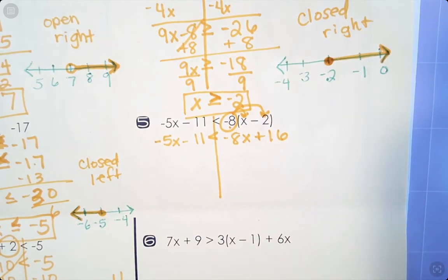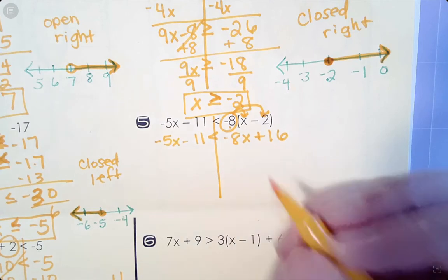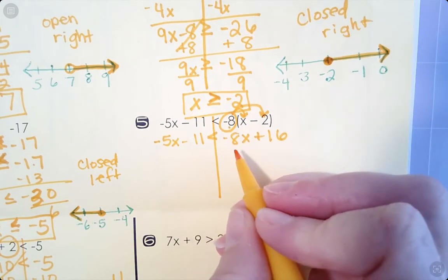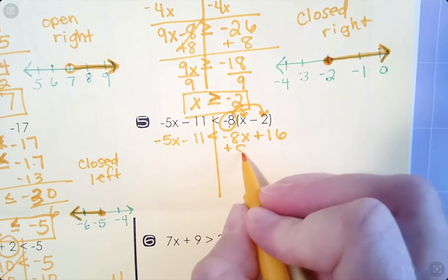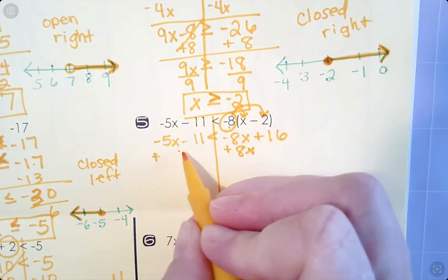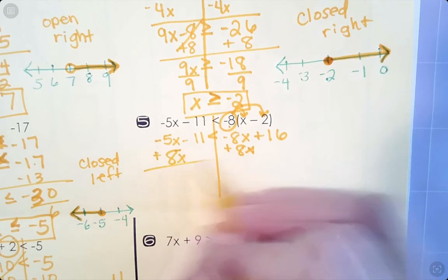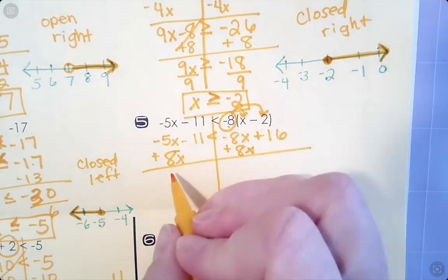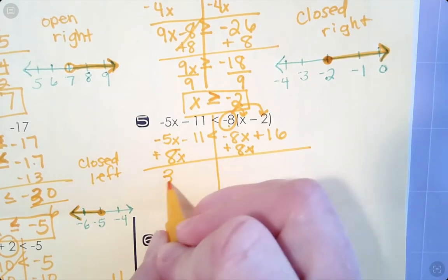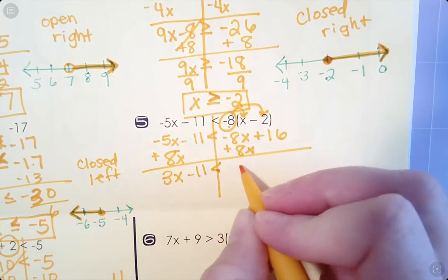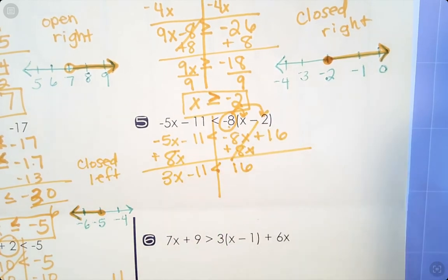So remember, we're moving all the x's to the left. So I'm going to have to move this negative 8x to the other side by doing plus 8x. And I get negative 5 plus 8 is positive 3x minus 11 is less than positive 16, because those cancel.